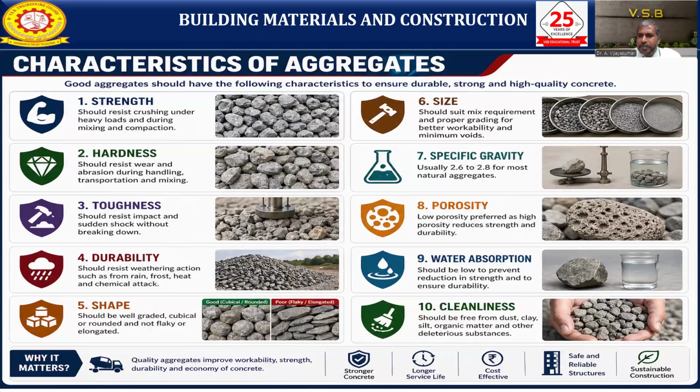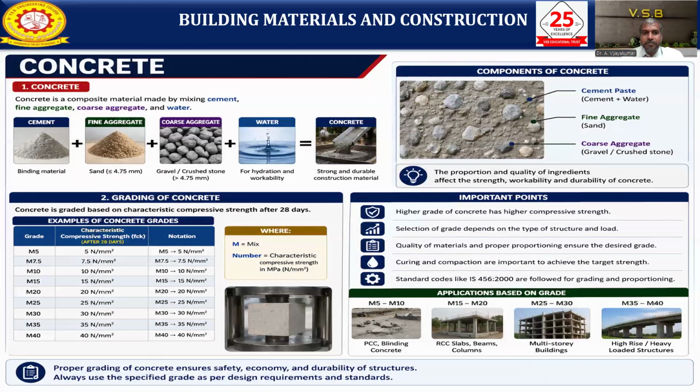Aggregates should be free from dust, clay, silt, organic matter and other deleterious substances. So the quality of the aggregate improves the workability, strength, durability, and economy of the concrete. When using good aggregate, concrete will be stronger, with longer service life, cost effective, a safe and reliable structure, and sustainable construction.